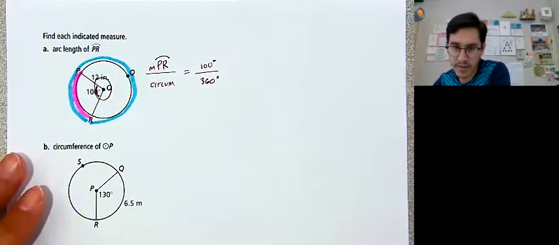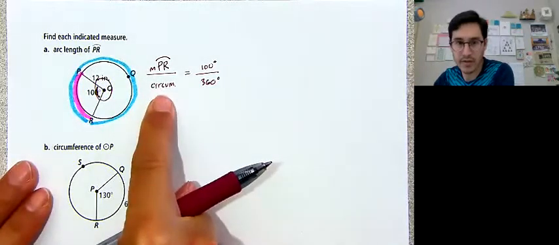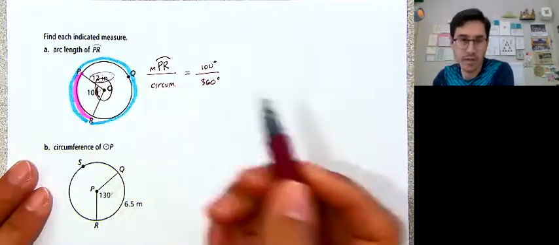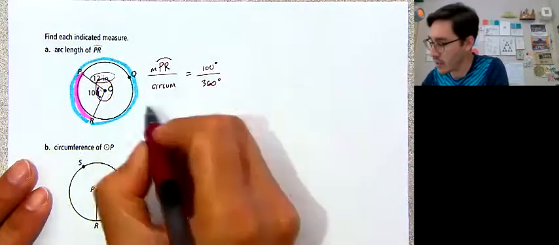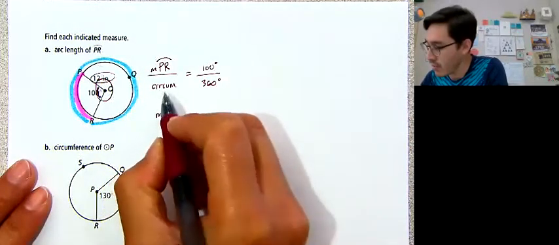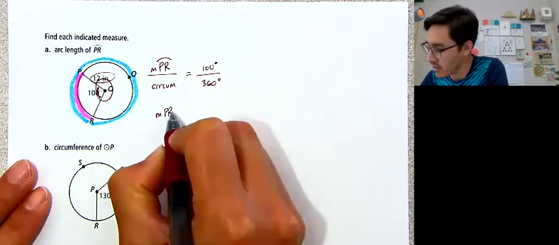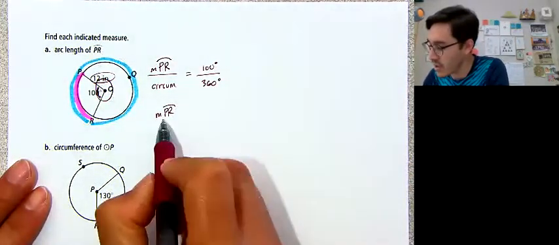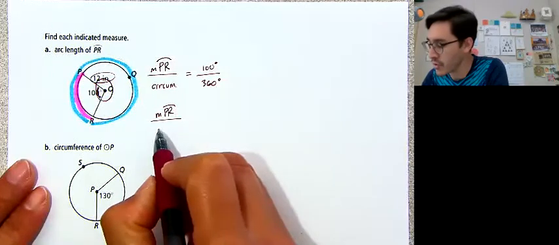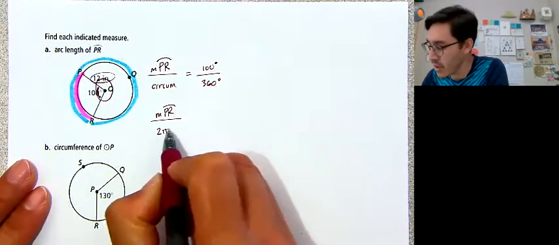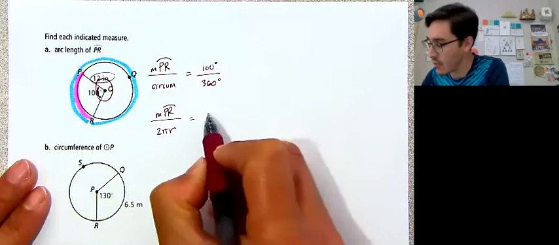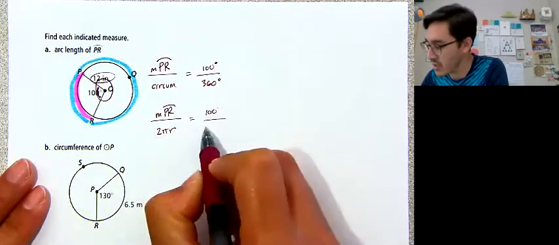All right, so let's now calculate the circumference of the circle because we know its radius is 12. So we can write the measure of arc PR, or its length, is a portion of the circumference, which is 2 pi r. And that will be equal to the ratio of the central angles.